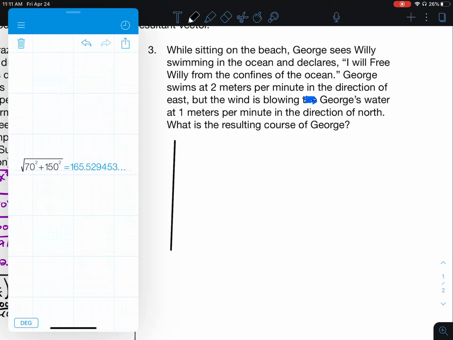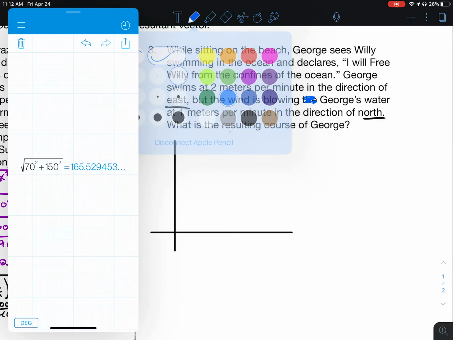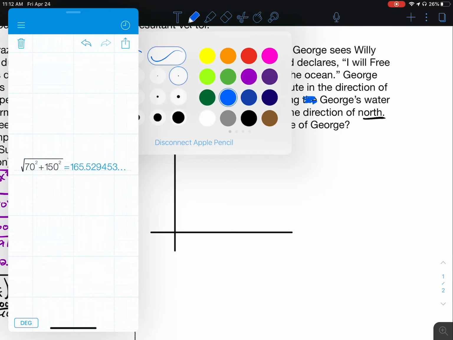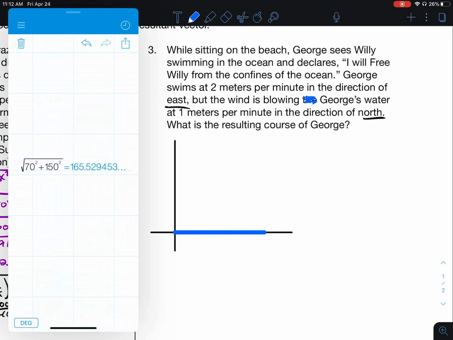Coordinate plane, let's see, I'm going north, and I'm also going east. So George is swimming in the east direction, 2 meters per minute.